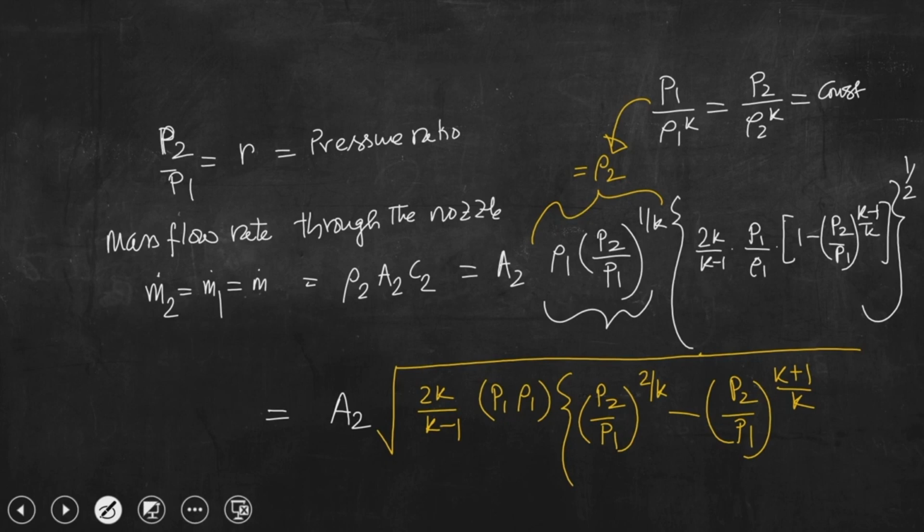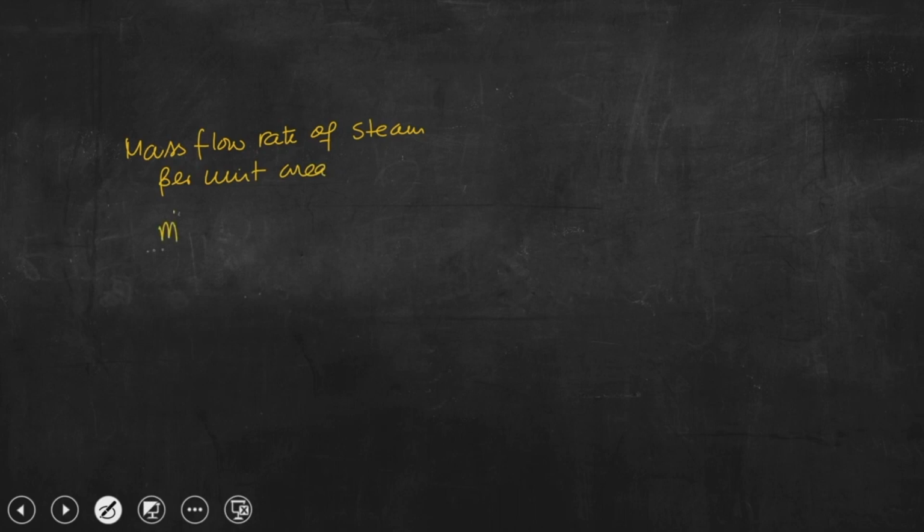So, if we now try to write the mass flow rate upstream per unit area, that is m dot 2 by A2.